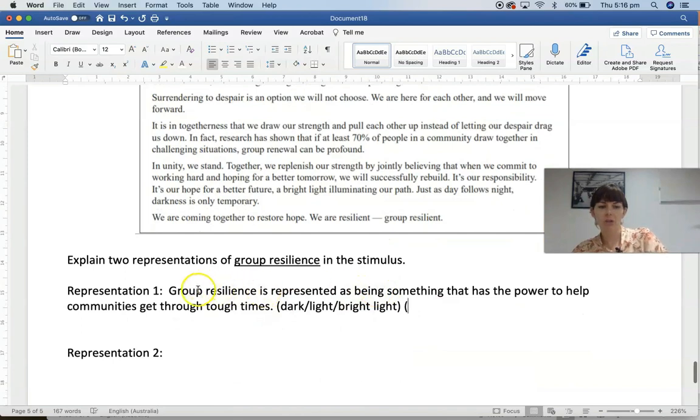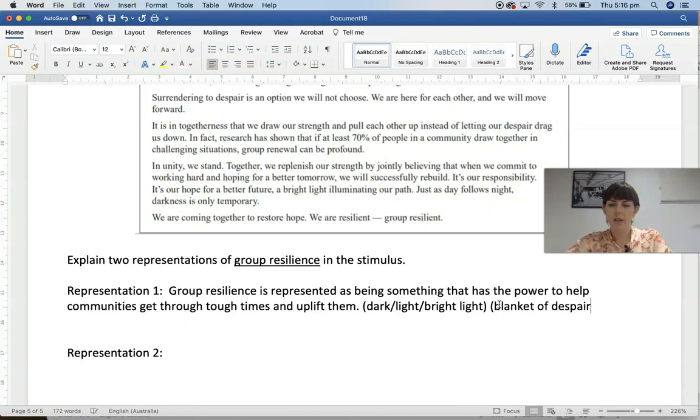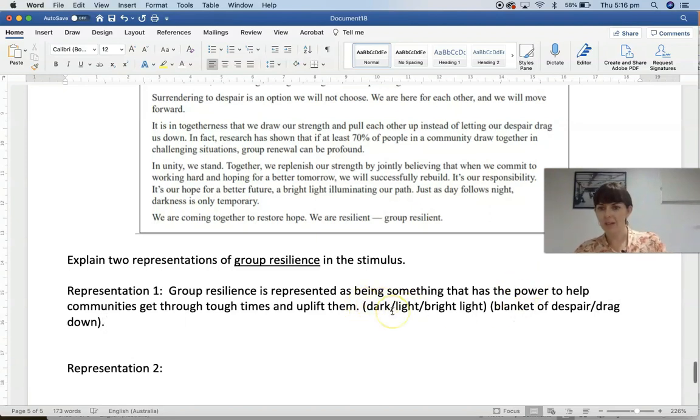So I might change this to group resilience is represented as being something that has the power to help communities get through tough times and uplift them. And I'm just collecting some words in those brackets there that I might talk about later when I need to tease this out to get to my word count.